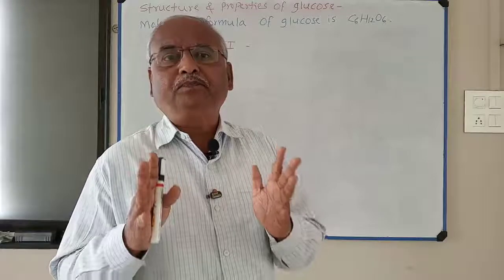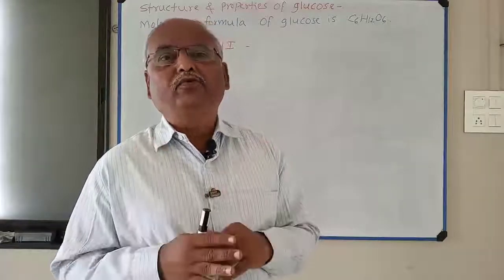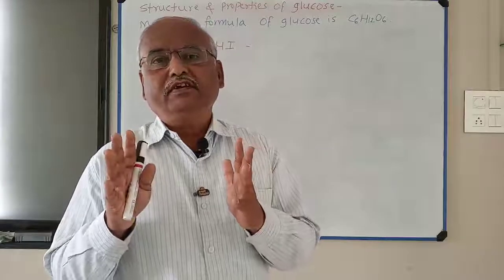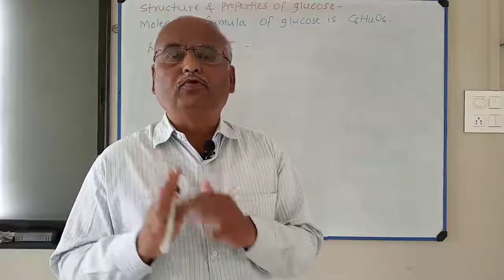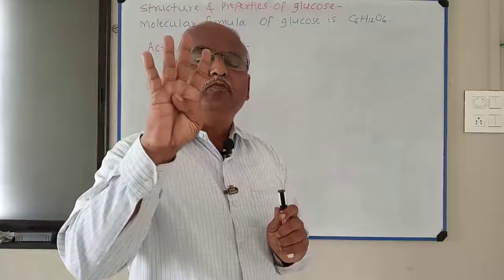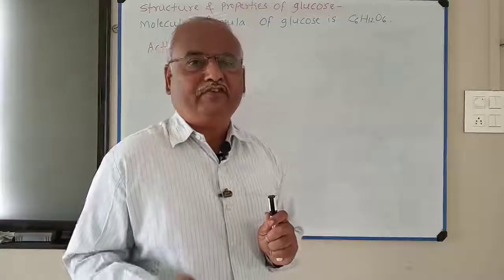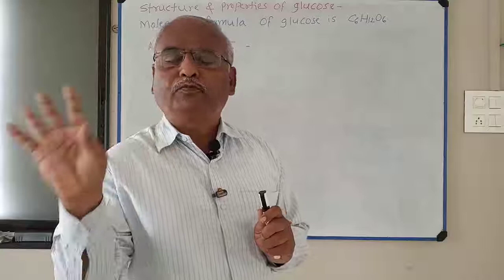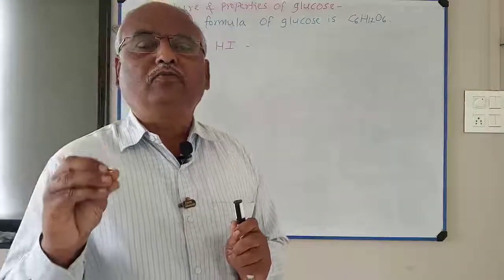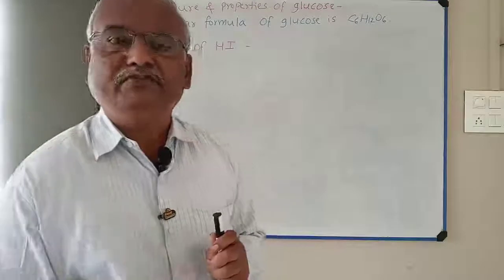Another carbon is in primary alcoholic group. The remaining 4 carbon atoms carry 4 OH groups. So we shall discuss how the structure of glucose was established.